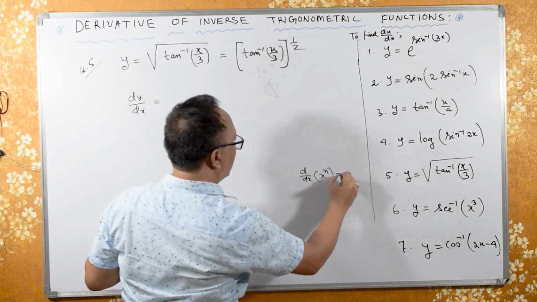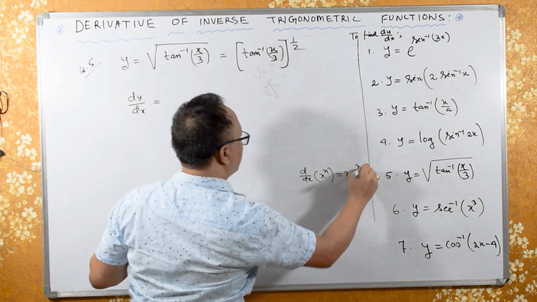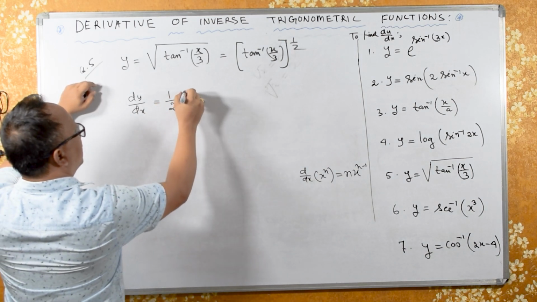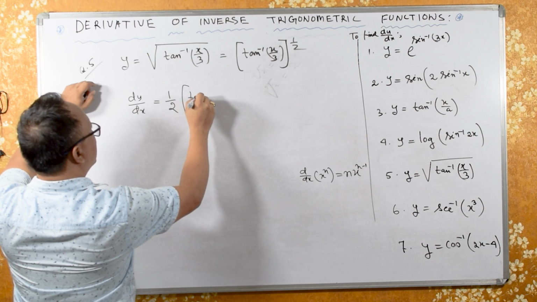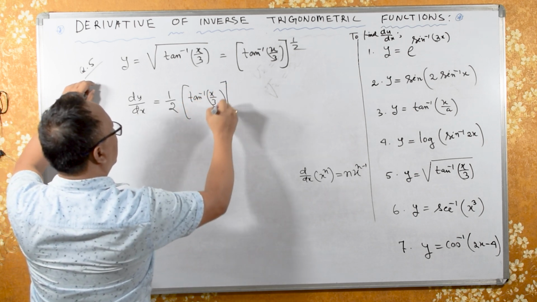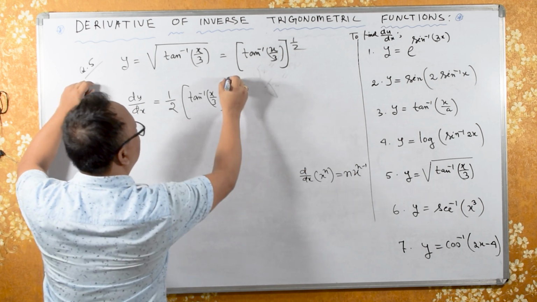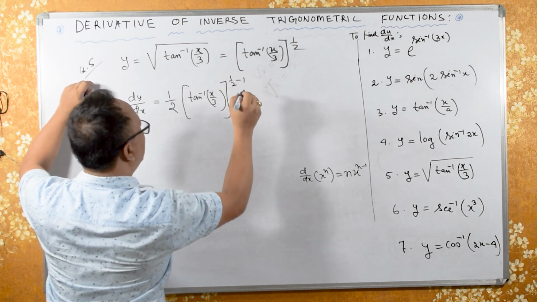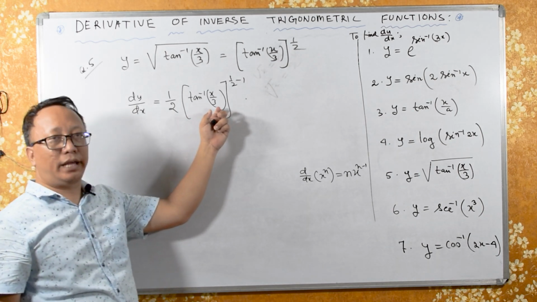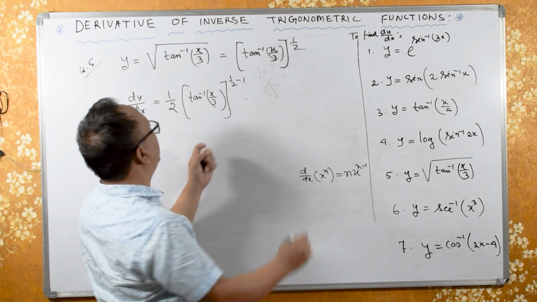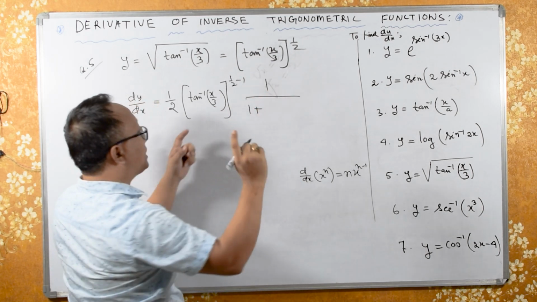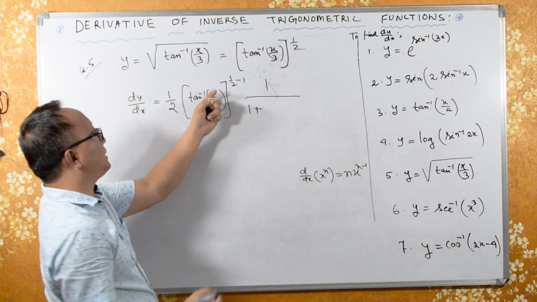Here I will have half, tan inverse x by 3 raised to half minus 1, into d by dx of tan inverse x by 3. D by dx of tan inverse is what? 1 upon 1 plus x square. What is our x? X is x by 3.